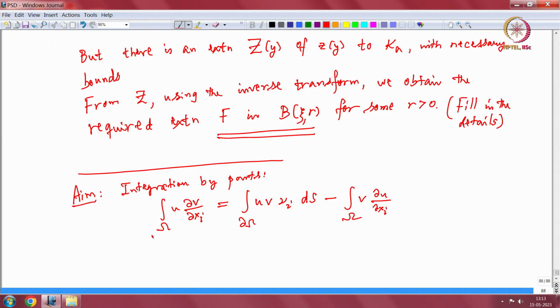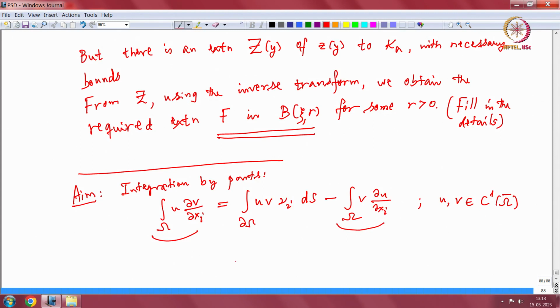So, these are domain integrals. So, certainly this is valid. So, that is the classical result, if u and v are C^1 of omega closure, so both u and the derivative have continuous extension up to the boundary.